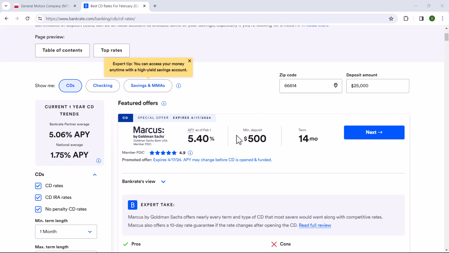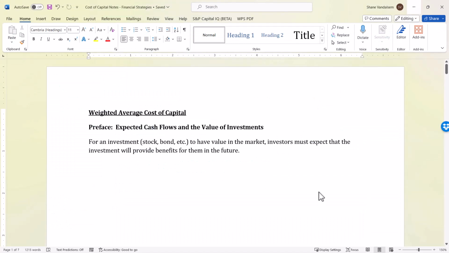They're advertising that they're going to pay you a certain return in order to induce you to give up your money for a period of time. And so that's why we have to determine what the required rate of return is for the different investors into a business.